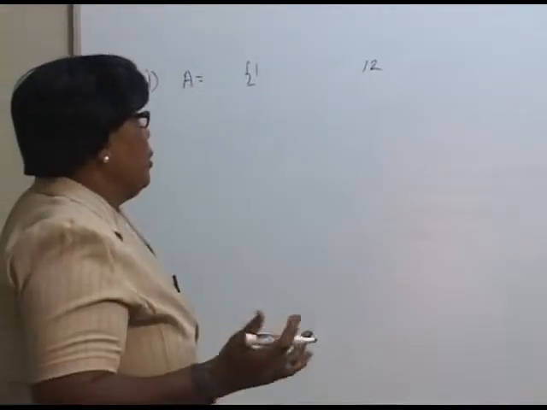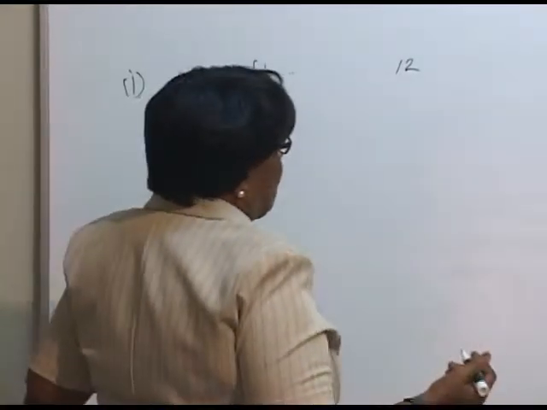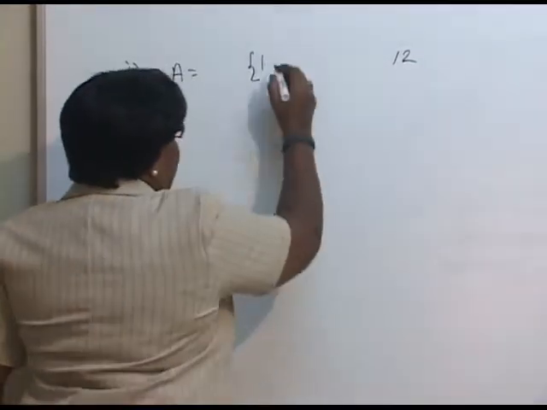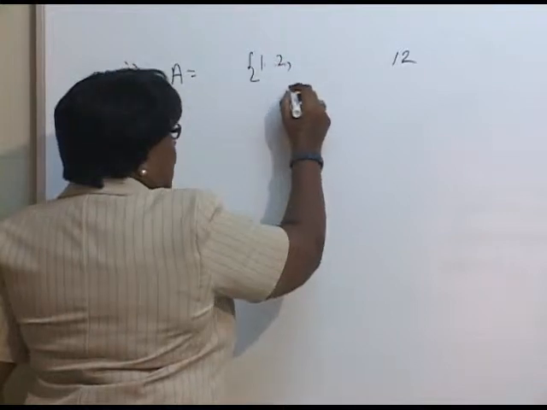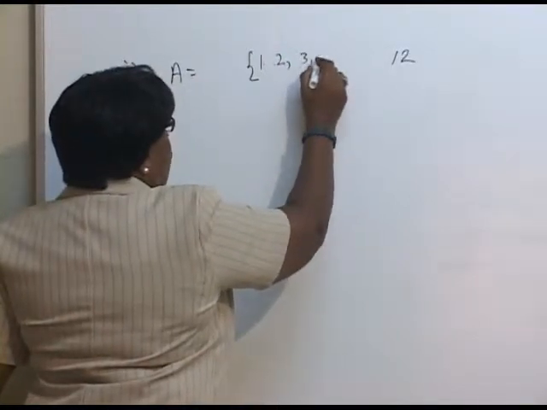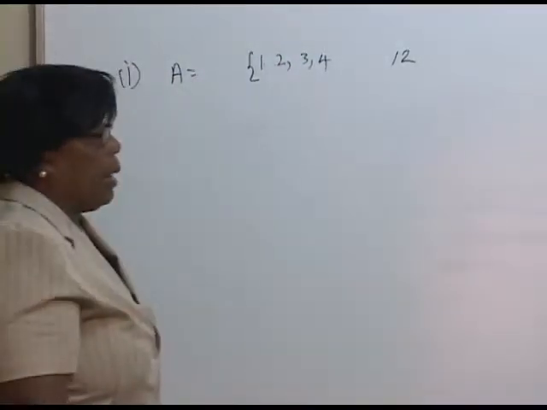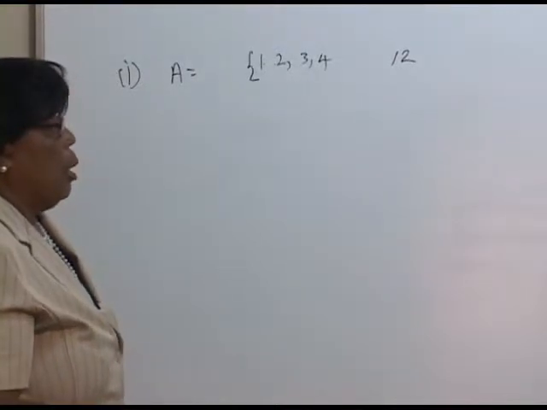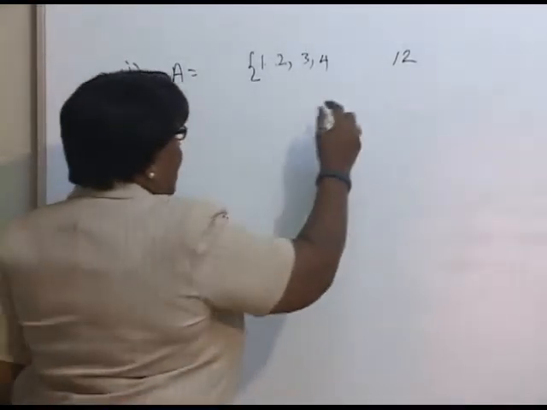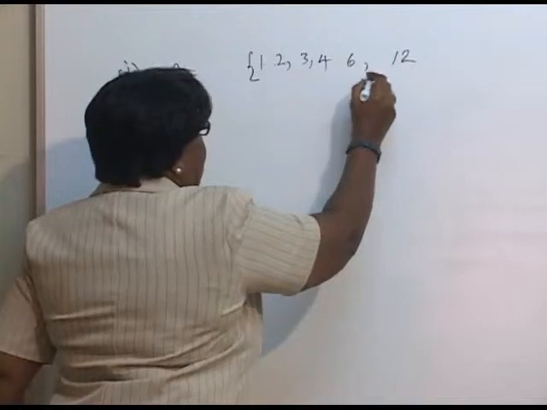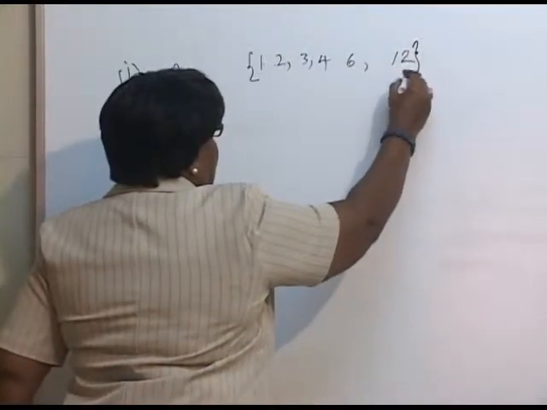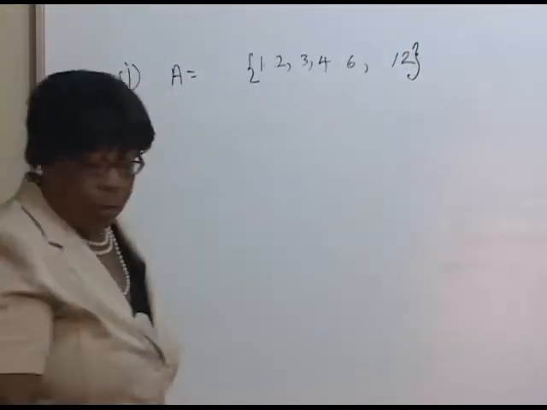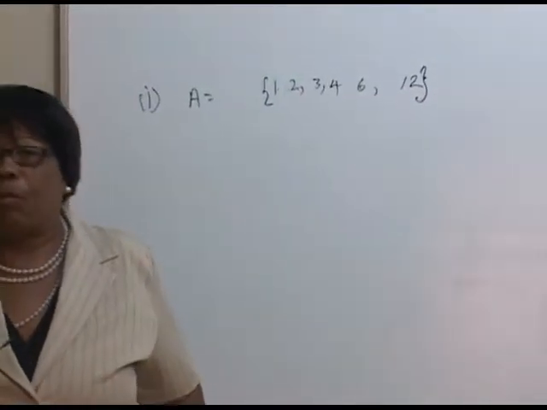All right? So we start fitting. Is 2 a factor? Yes. What about 3? Yes. What about 4? Yes. Is 5? No. What about 6? Yes. And our last factor would have been the number 12. Okay? So that is what we can say.